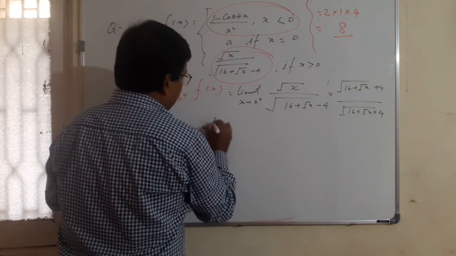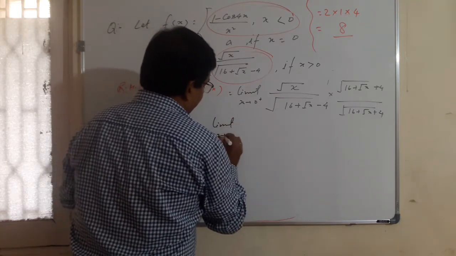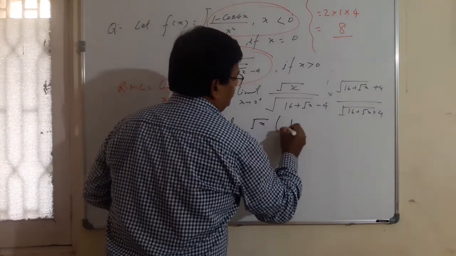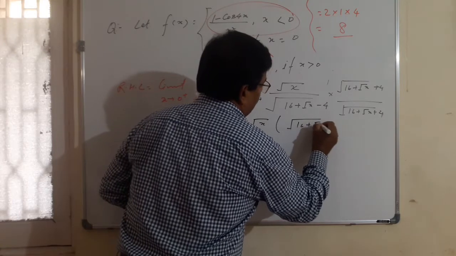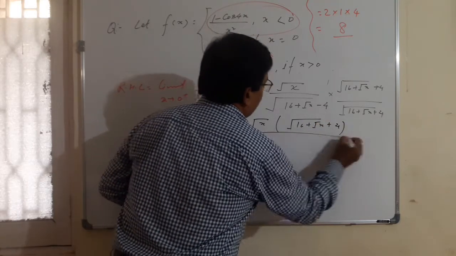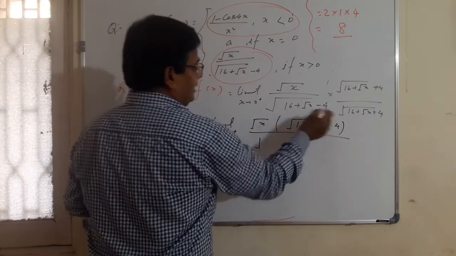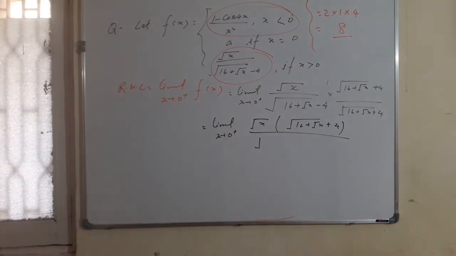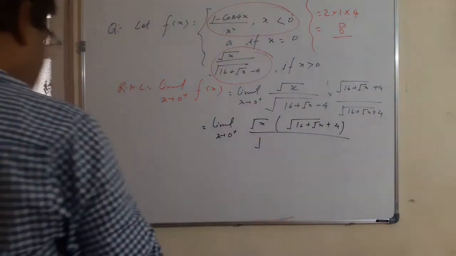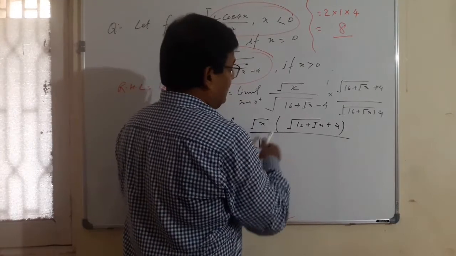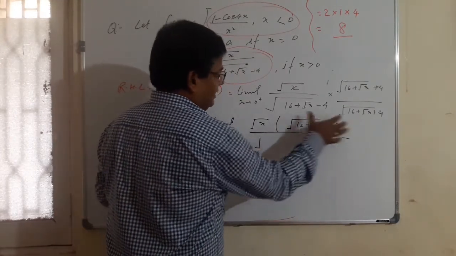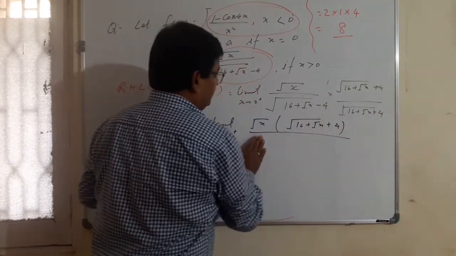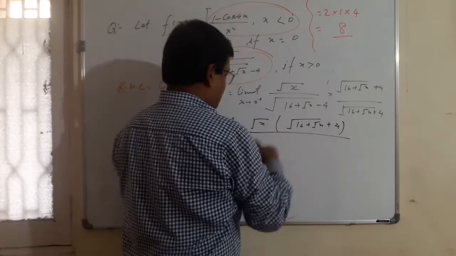So here limit x tends to 0 plus root x times (root of (16 plus root x) plus 4) divided by, using the a plus b into a minus b formula, the square root is removed.